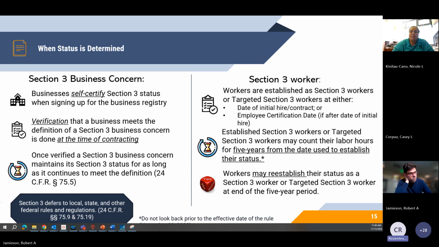how we can look at Section 3, because everything that we contract out is with Davis-Bacon labor compliance, which for the most part excludes Section 3 or lower or very low income people.